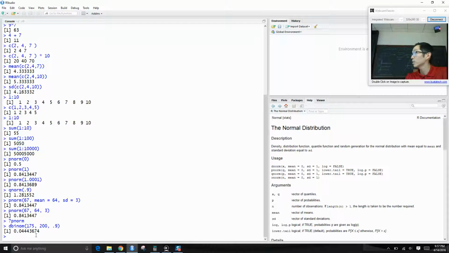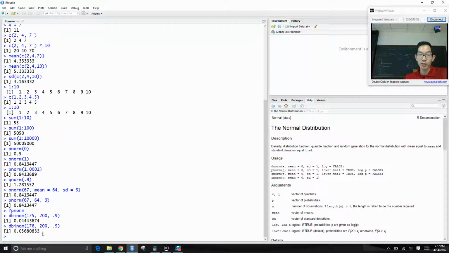And then I could ask, what's the probability that he makes 176 shots? And it gives me this. And because we've got the computer, I can ask for all of the numbers from 175 to 200.